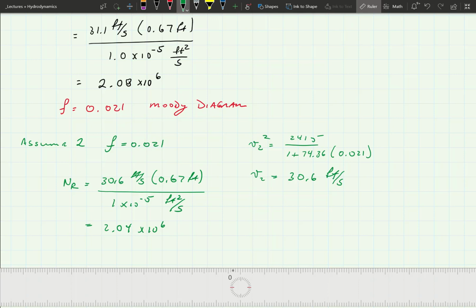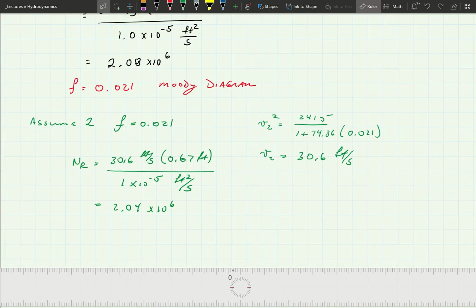Okay. And we go to the Moody diagram and we get a friction factor of f equal to 0.021. We're good. Okay. So it took 2 guesses to get you there.